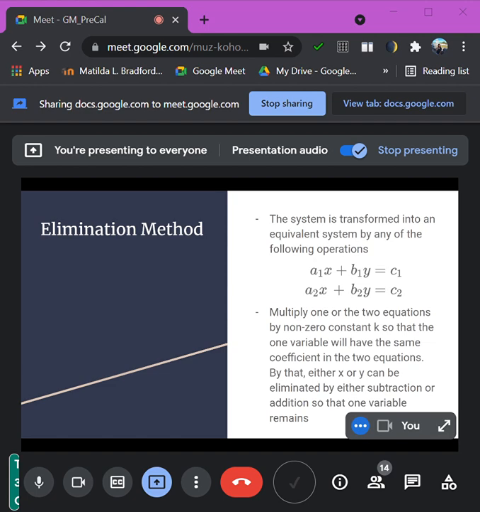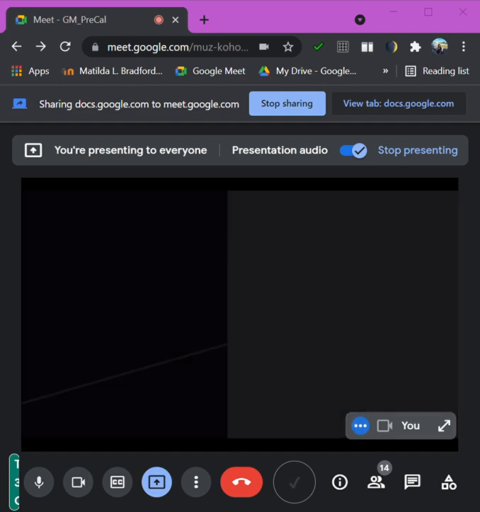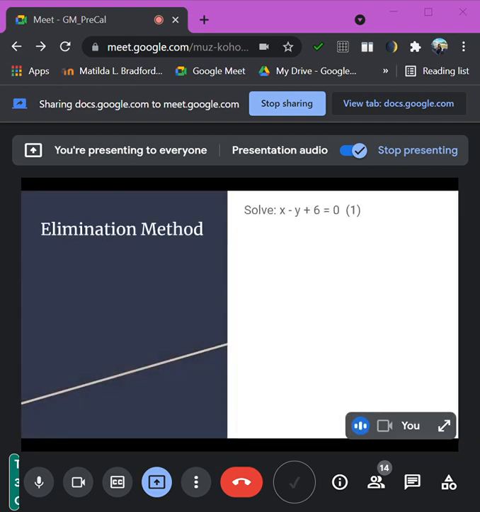We need to find sa ato ang coefficient sa atong a or sa atong b or sa atong x or sa atong y nga naay ma-eliminate nila to get the value of the other, or to get the solution of the other variable. Okay, so how do we do this elimination method? So for example, kato given ganina gihapon.